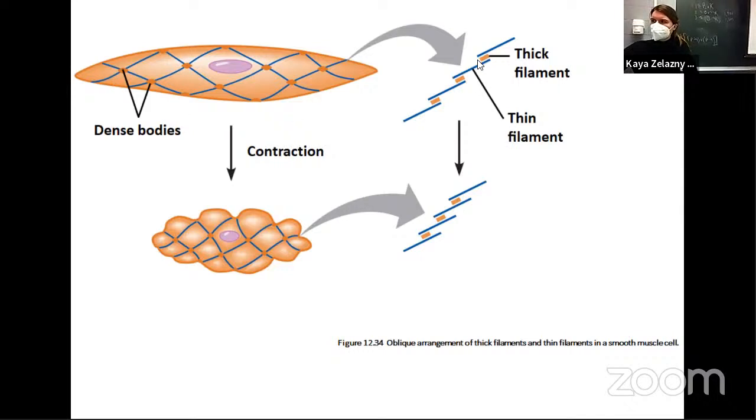We have thick and thin filaments overlapping and coming together at these angles, which means that when smooth muscle contracts, the shape of it changes in a subtly different way than when we see skeletal muscle contracting. And a lot of the time, smooth muscle is going to be surrounding a cavity. That's also a difference we'll think about when we think about narrowing a blood vessel or sphincter-shaped muscles.